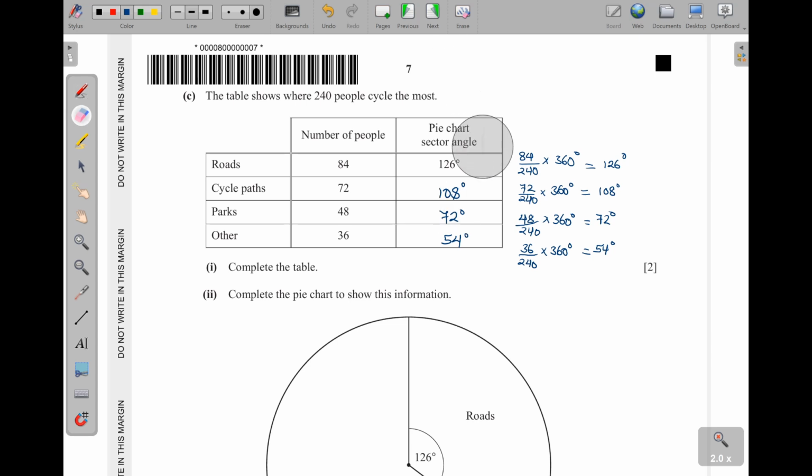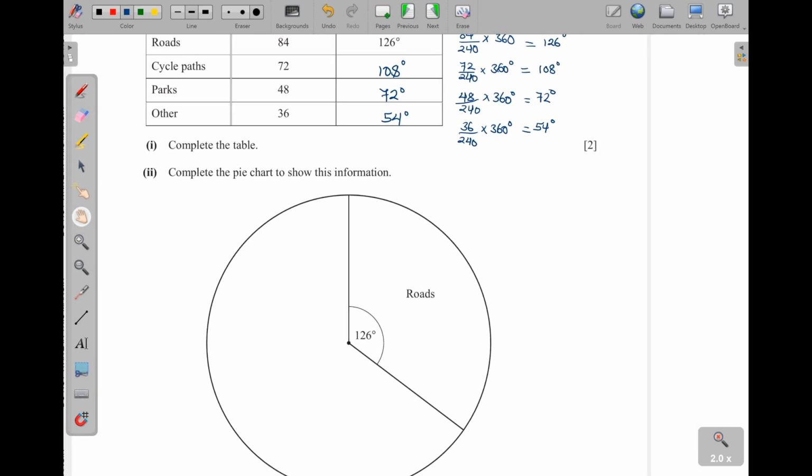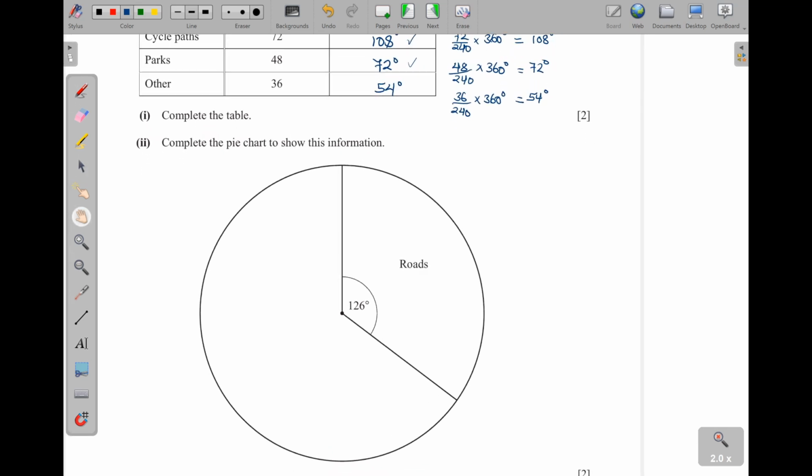All right. Then next, we are told now to complete the pie chart. What we can do here, when you get 108, then you add 72, you actually get 180. So what I'm going to do, I'll just get my protractor.